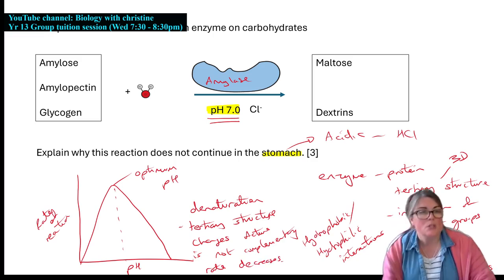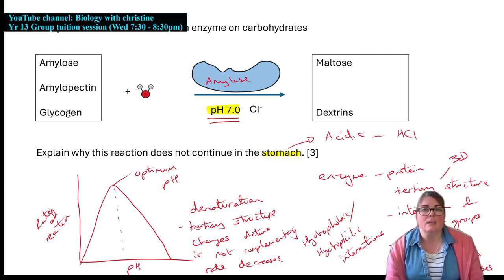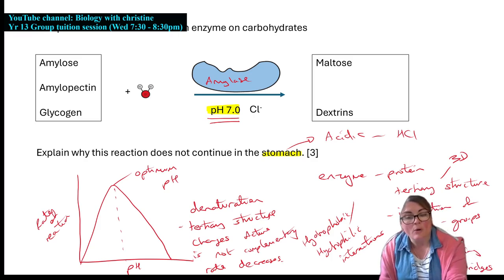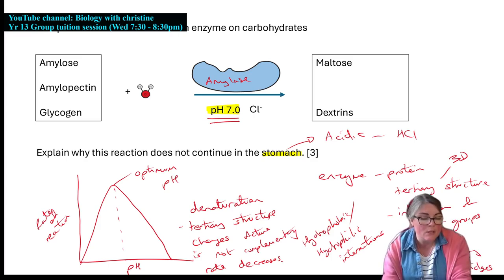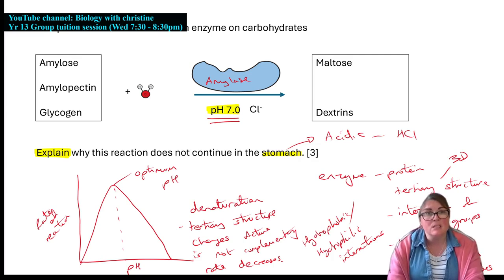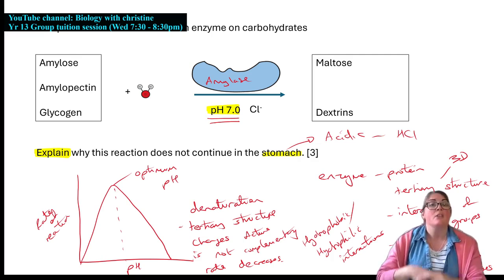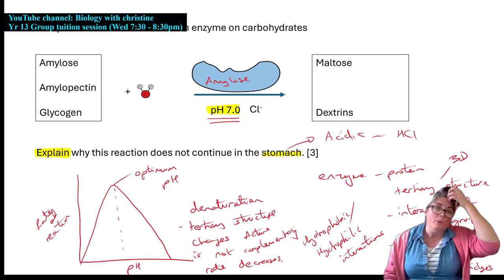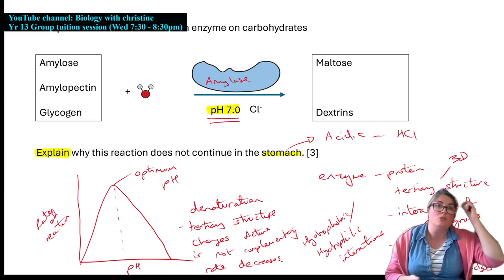So it is important when you're looking at these sorts of questions that you note what it is it's asking of you. And I've seen quite a lot of videos that talk about these command words. This is: explain why this reaction does not continue in the stomach. Explaining it means that you need to mention the changing of the shape, the pH being away from its optimum, therefore affecting the tertiary structure.